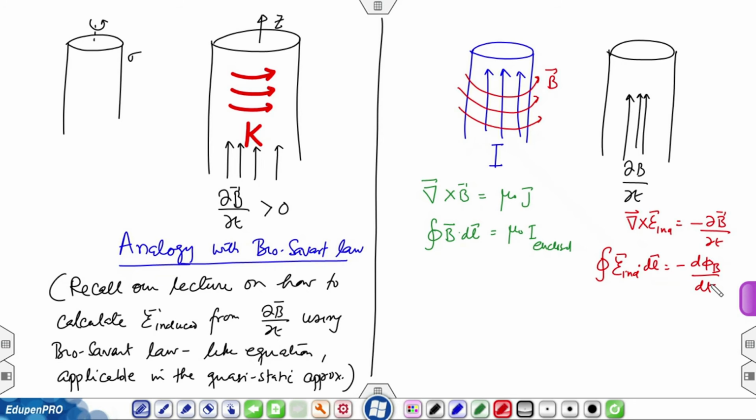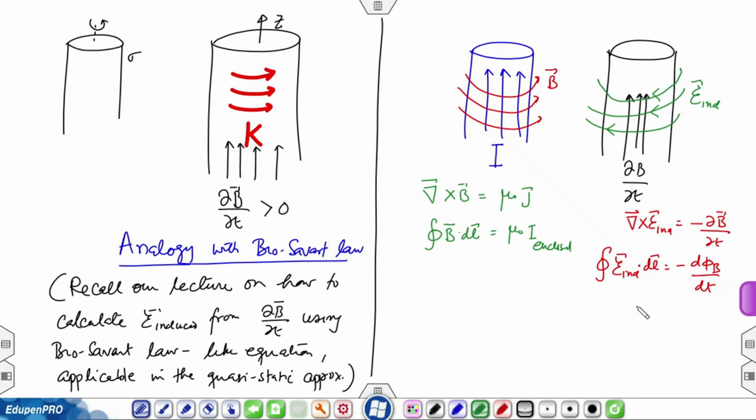So, by this minus sign, the induced electric field is going to be the other way. E induced, and it is very easy to calculate.